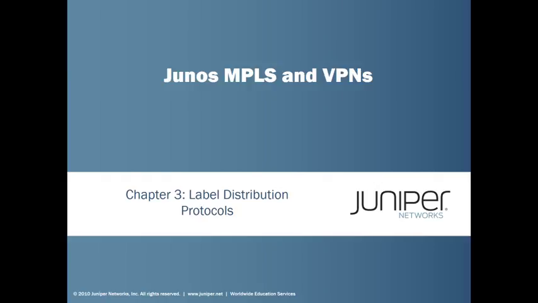We also discovered that, as a usual thing, it is the penultimate router that will pop the label and then forward that packet onto the egress router without any label at all, and the egress router will forward the packet based on its IP address.